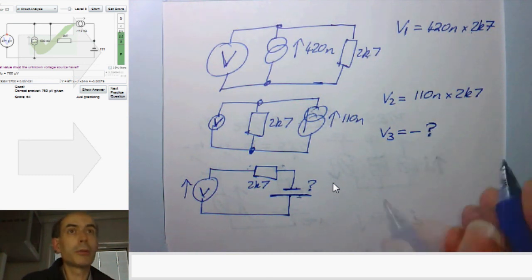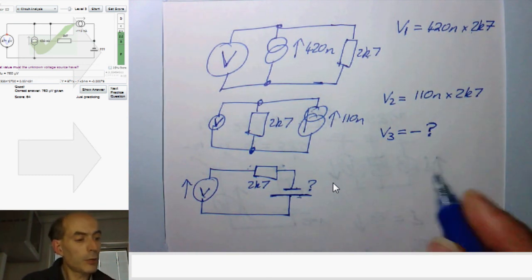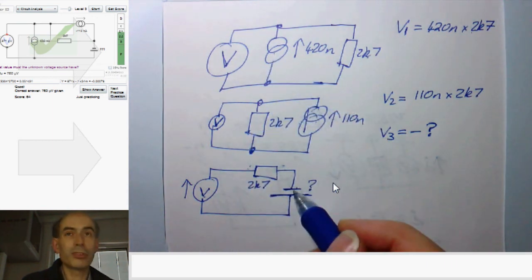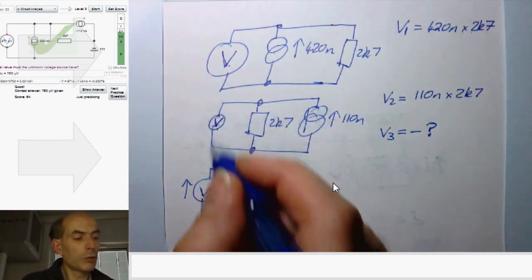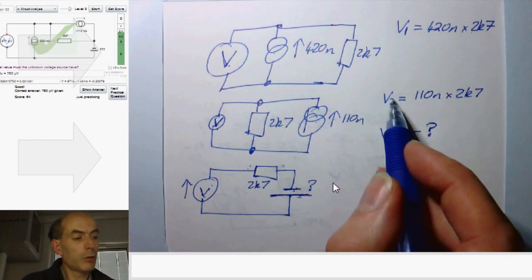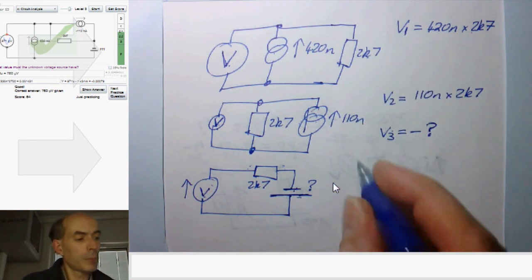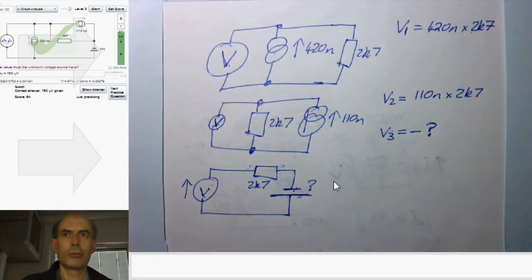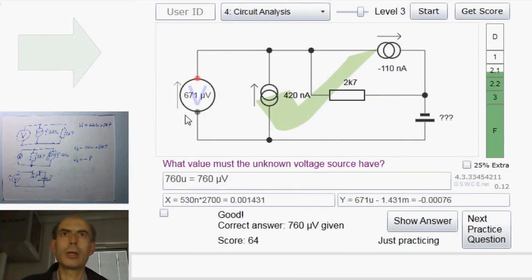Now we can apply the principle of superposition and say that with all of these three sources combined, the total reading on the voltmeter will be the sum of these three components. And we know the total reading on the voltmeter. We can see it. It's 671 microvolts.